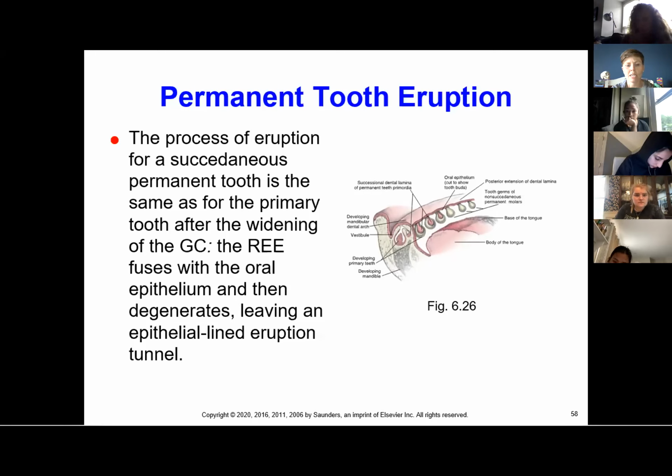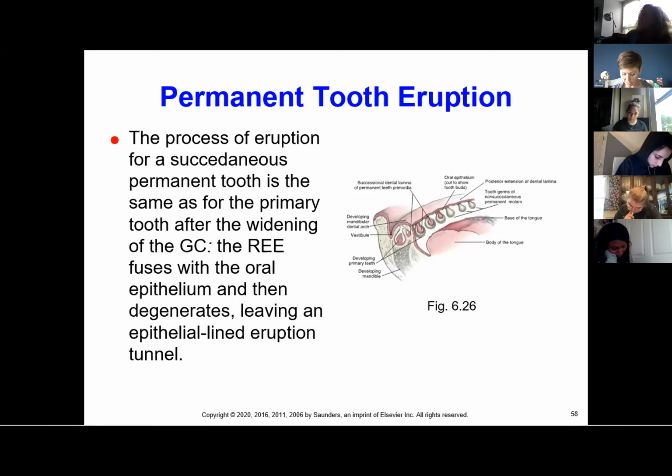I'm sorry. Okay, so the process of eruption of the succedaneous tooth is the same as the primary tooth after the gubernacular canal, where the reduced enamel epithelium fuses to the oral epithelium, leaving the epithelial lined eruption canal for it to come through.